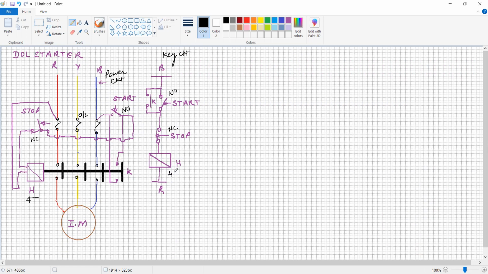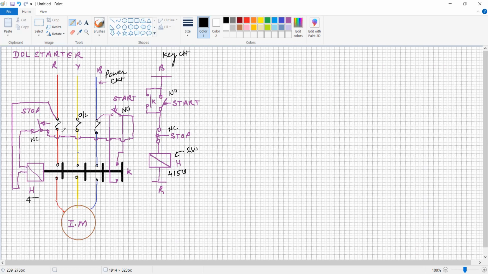So the holding coil voltage should be 400 or 415 volt. Suppose it is connected between phase and neutral, then the holding coil voltage is 230 volt. But 415 volt is better. Why is it better? Suppose one phase blows out or is not working.